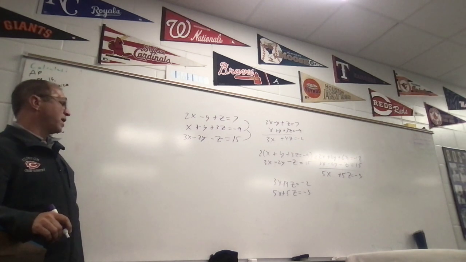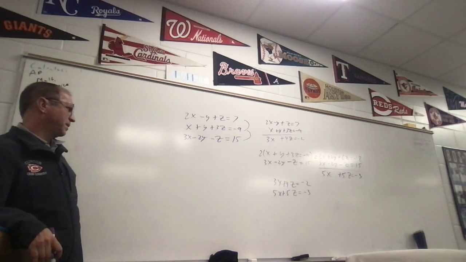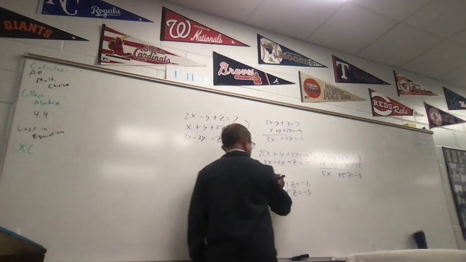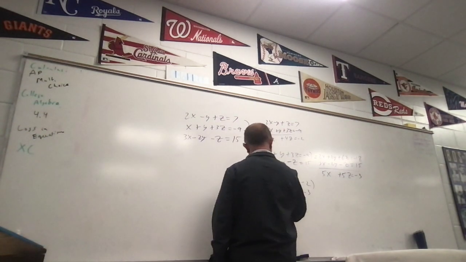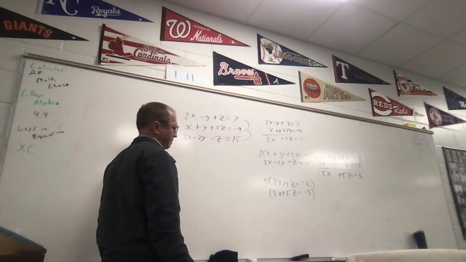So based on what I have here, neither of the variables are going to be that easy to eliminate. What do you want to eliminate, x or z? X, okay. So I would multiply the top equation by -5, and the bottom equation by what? 3.